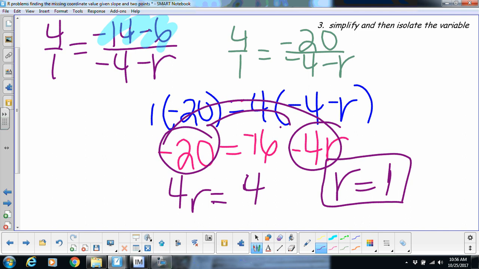Because you would be adding 20 here. If you don't move it though, then you're adding 16, so you get negative 4 equals negative 4r. And a negative divided by a negative is a positive.